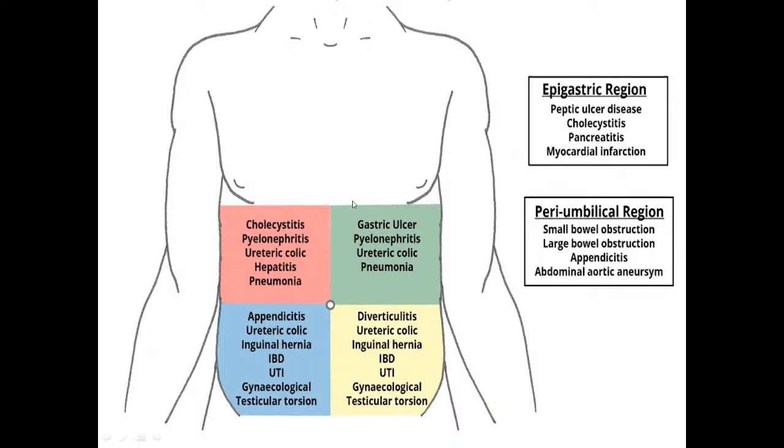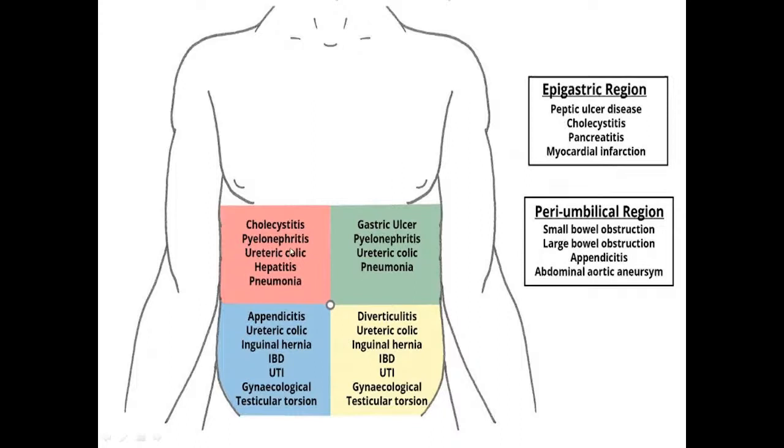You can see our arrow here in the epigastric region. Here there may be peptic ulcer disease, symptoms of cholecystitis, symptoms of pancreatitis, and myocardial infarction.